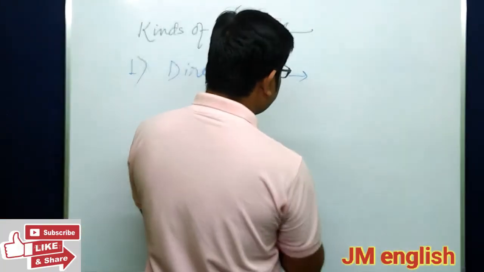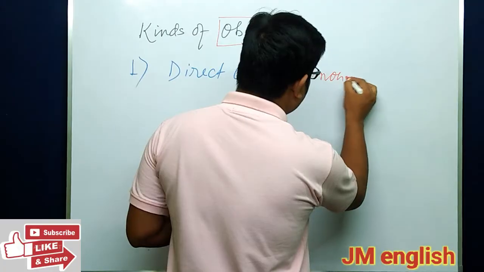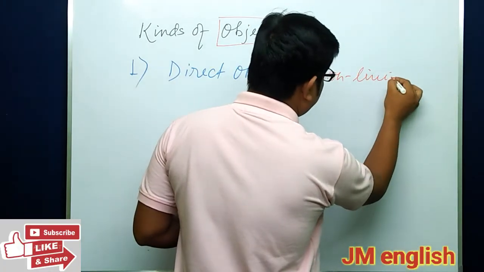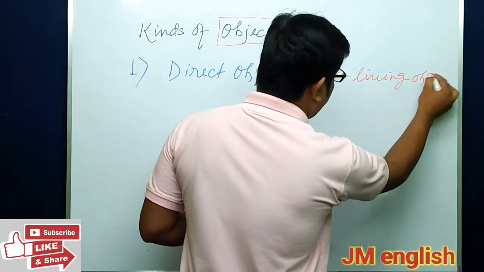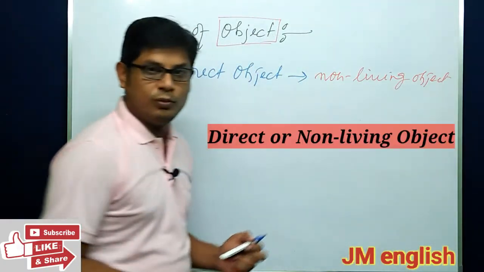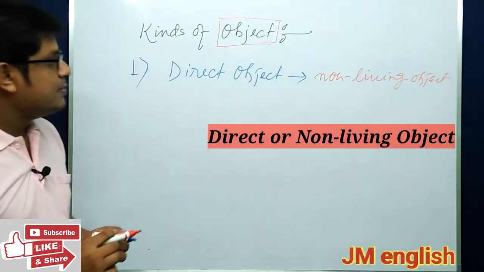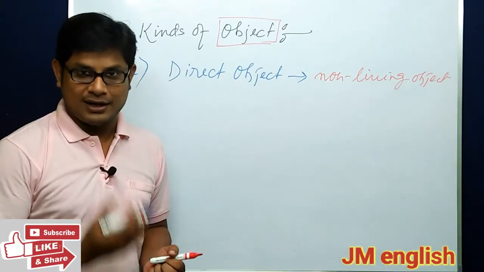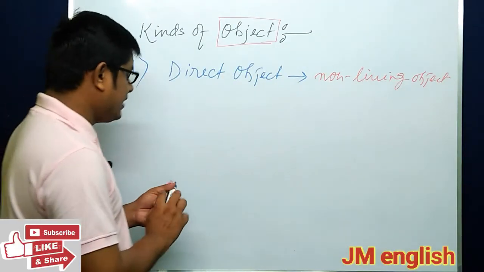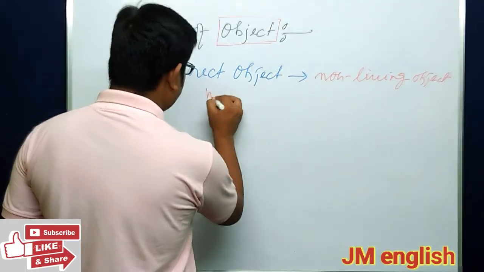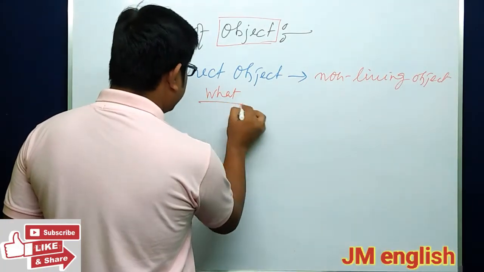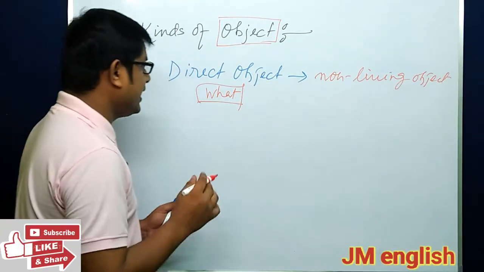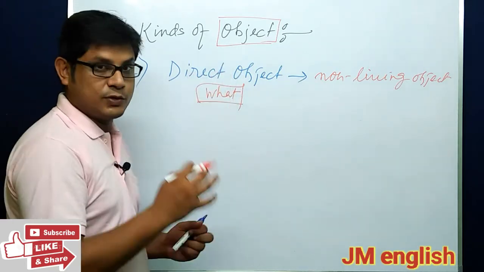You can also call it non-living object. Why? Let's see. See, remember, I just said that you have to ask the question with what. Okay, so whenever you ask the question with what, the answer you get is called direct object.